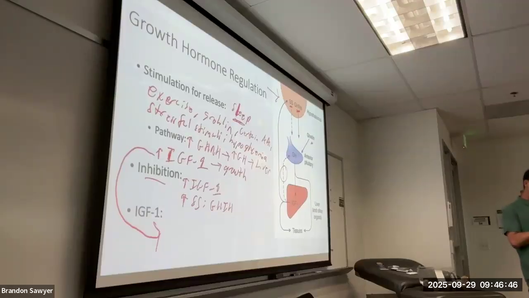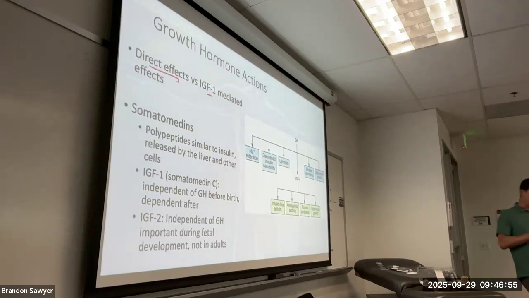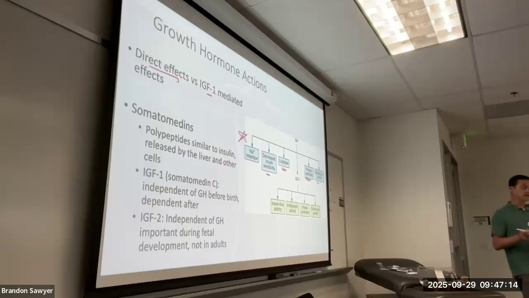Okay, so what are the actions of growth hormone? Again, we have the direct effects versus indirect effects that are mediated by IGF-1. All the blue ones here are the direct effects. Those would be sodium retention, decreased insulin sensitivity, breaking down fat, starting some protein synthesis, and growth of our epiphyseal plates in our bones, if we're talking about a kid that still has those open.